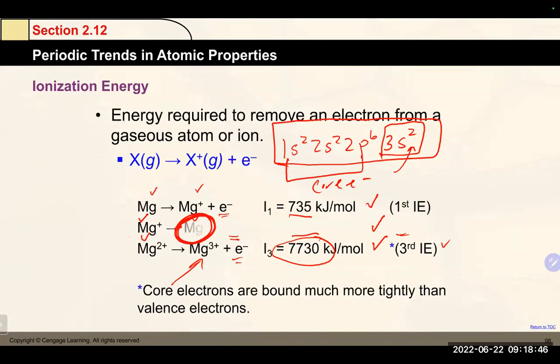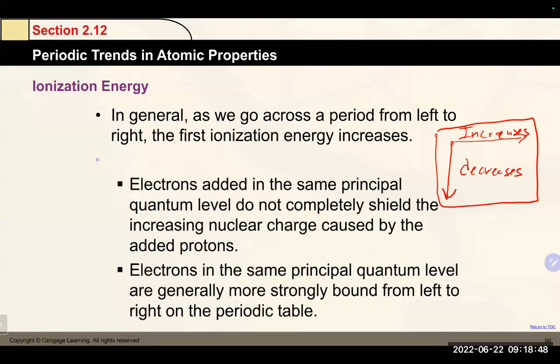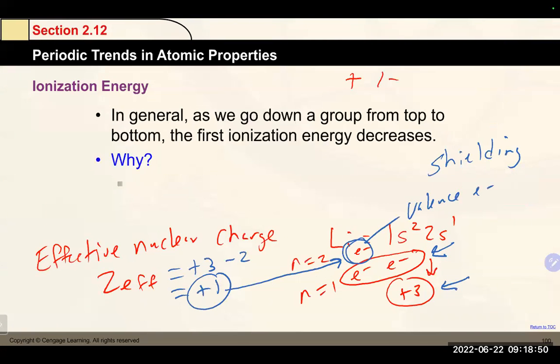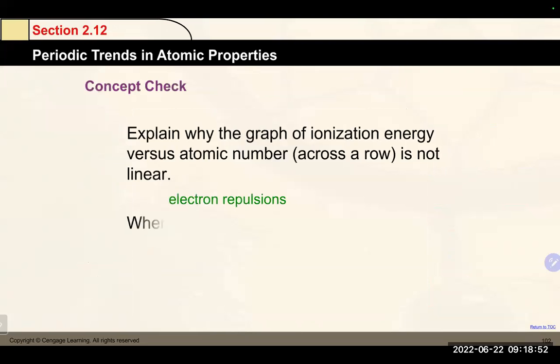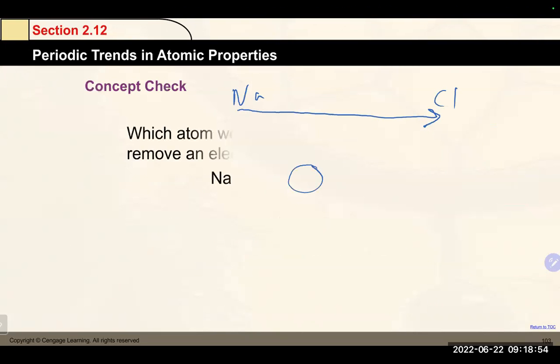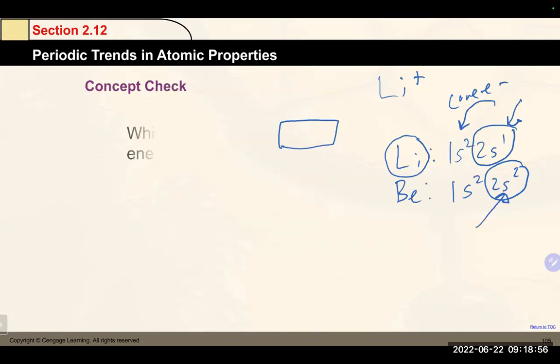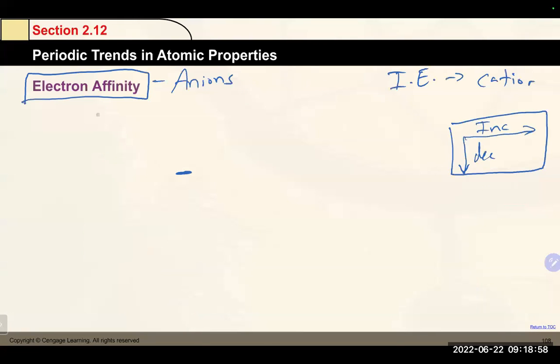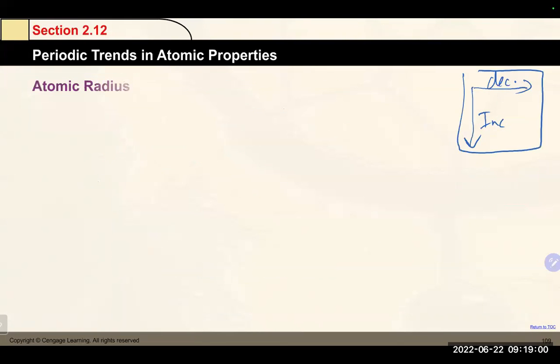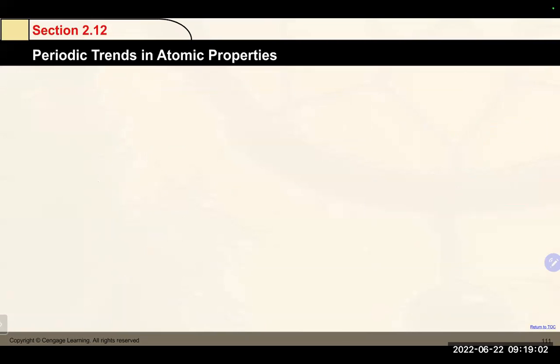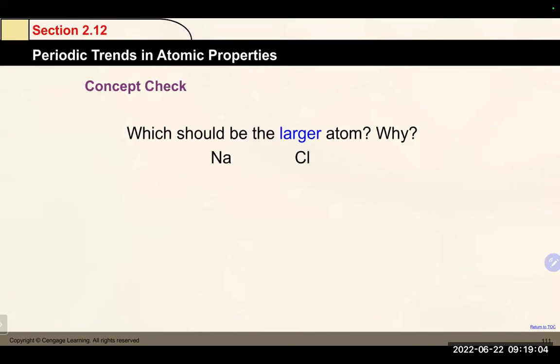All right, so let's see here. Which should be the larger atom, sodium or chlorine? So again, they're in the same period.